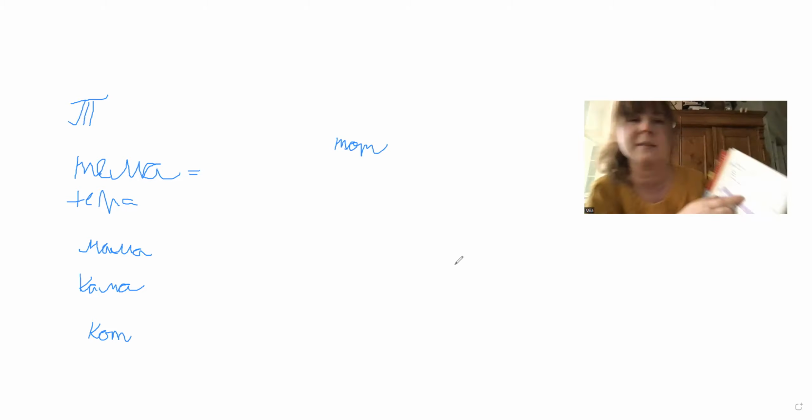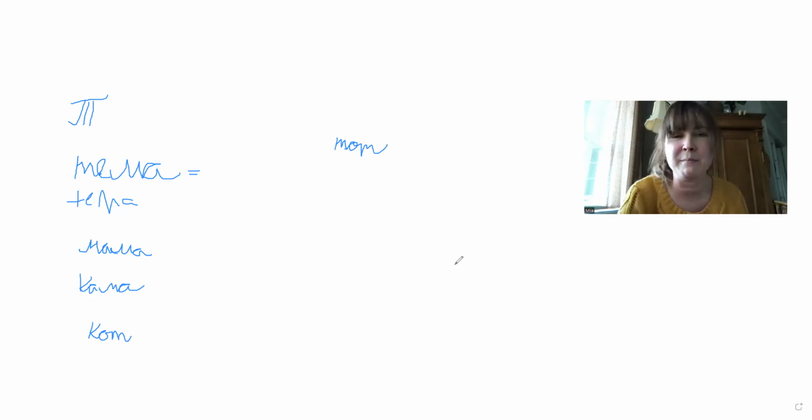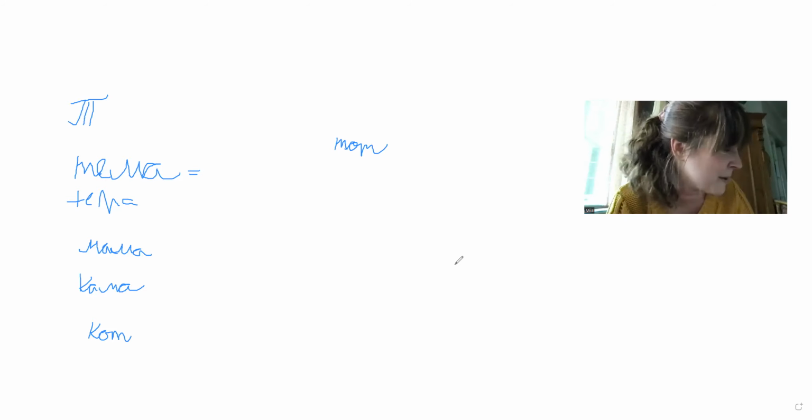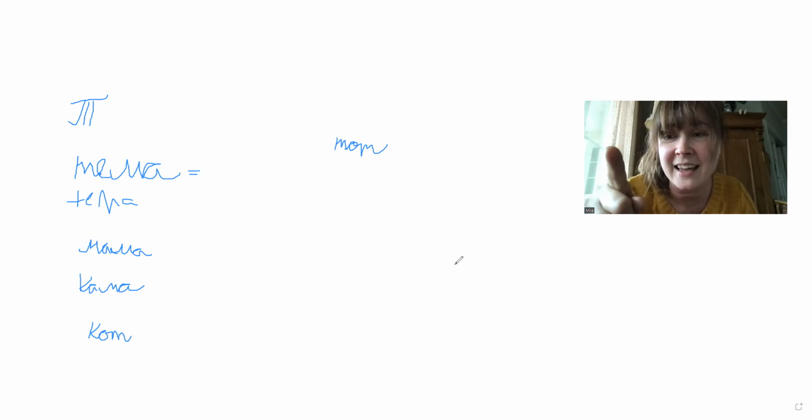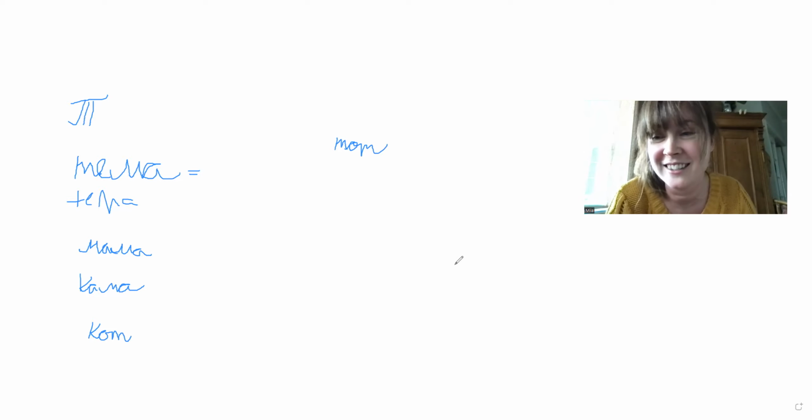It's like mom. So you go from O to M, like that. So yes, that M letter is their T letter. Tot. Good job. And what does tot mean? That. Look at that. T-O-T. Mom is T-O-T, that.